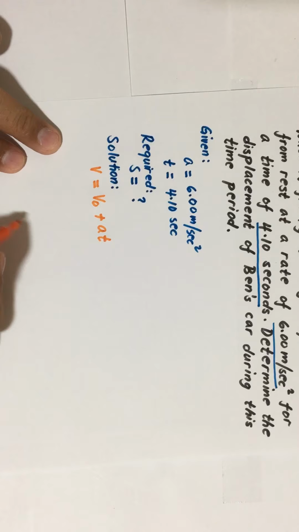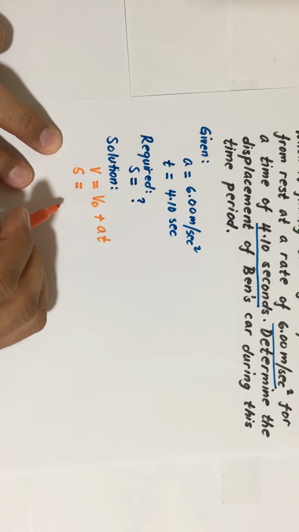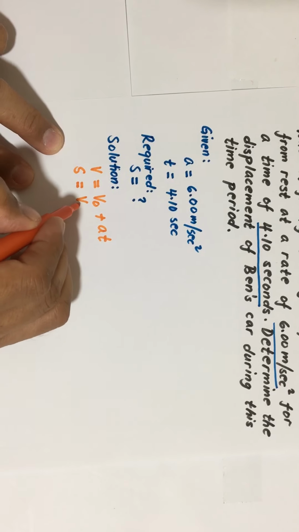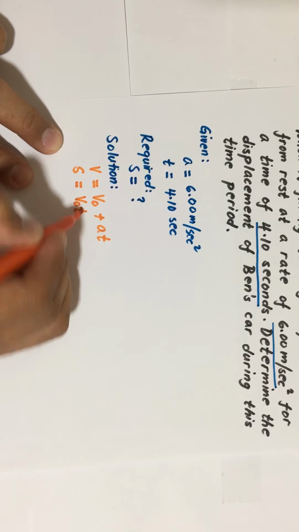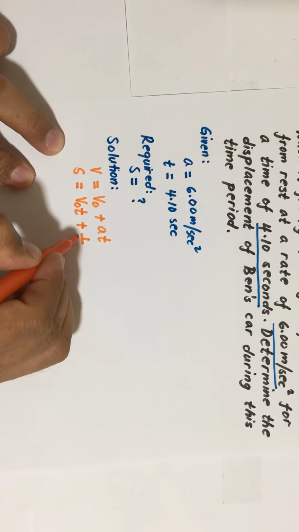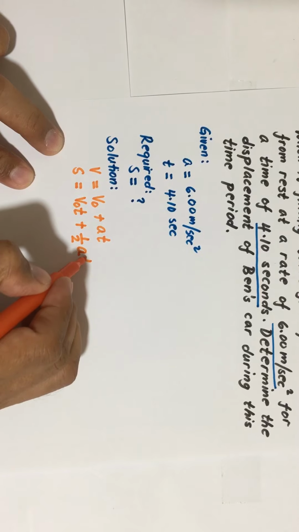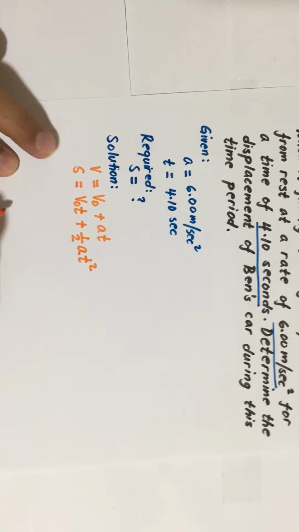And we are also given the formula for displacement: displacement S is equal to the initial velocity times time, plus 1/2 times the acceleration times the square of the given time.